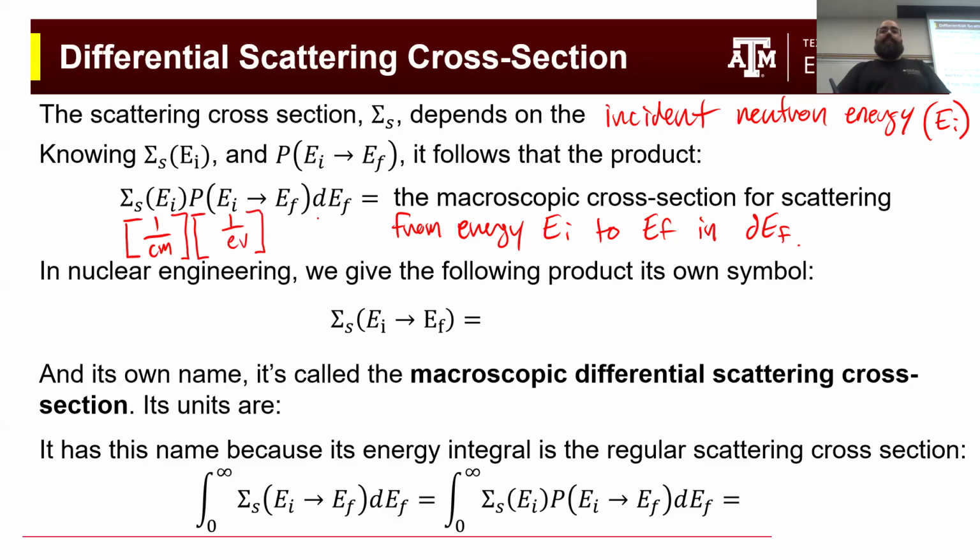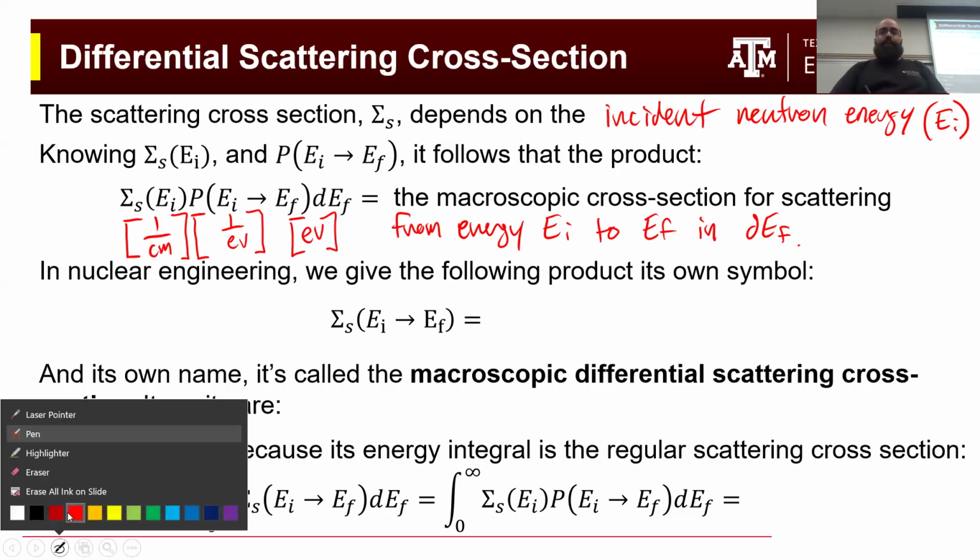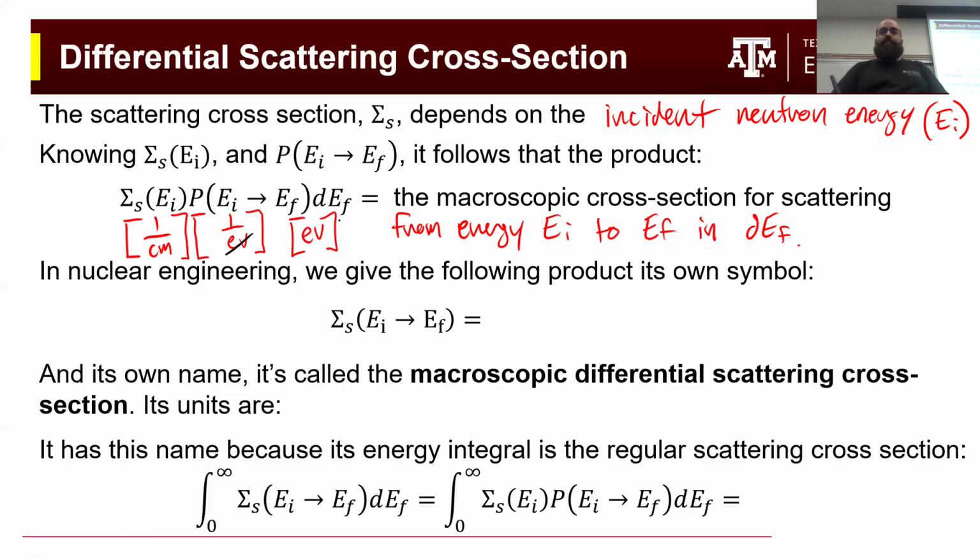Then I'm multiplying by DEF, which is an energy interval, so it has units of eV. The eV on the bottom cancels the eV on top, giving something that overall has units of just inverse centimeters.